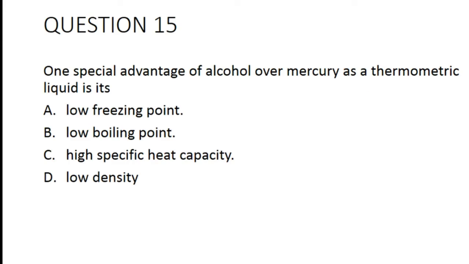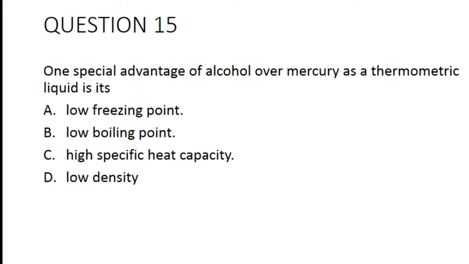Question 15. One special advantage of alcohol over mercury as a thermometric liquid is its A. Low freezing point, B. Low boiling point, C. High specific heat capacity, D. Low density.